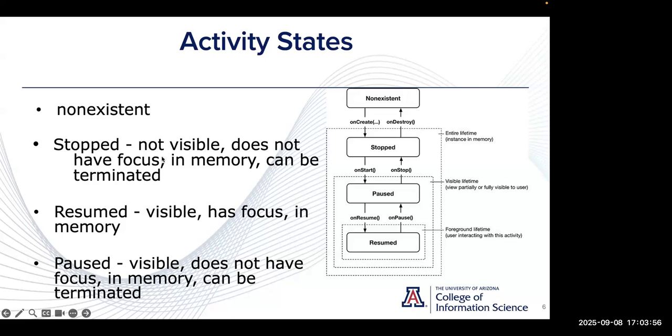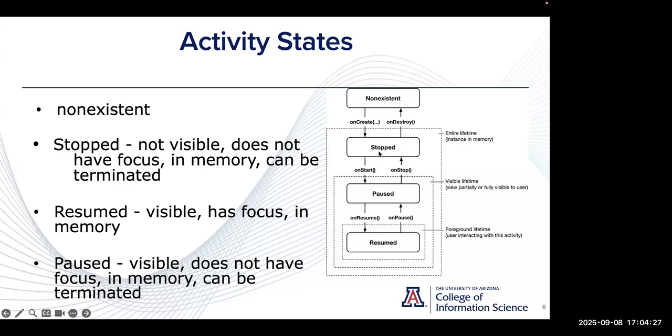Stopped: the activity is not visible and does not have focus, is in memory, and can be terminated at any point. Then there's resumed: this one is visible, has focus, and is in memory. And then paused: this one is visible, does not have focus, is in memory, and can be terminated. So resumed is normally the one in the foreground, to the front. That's the one that you're actually looking at.